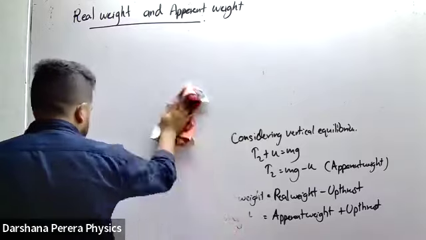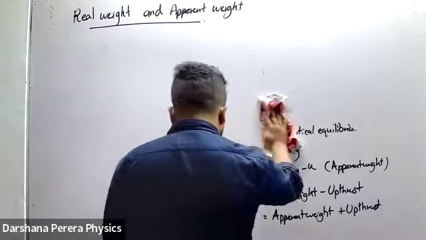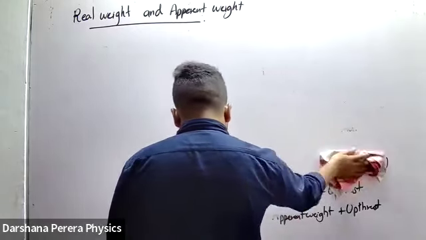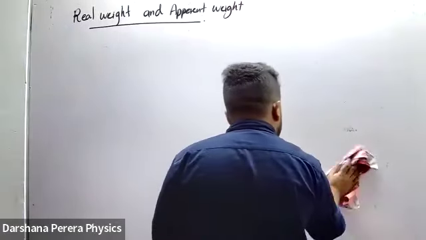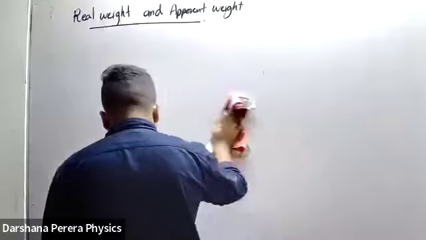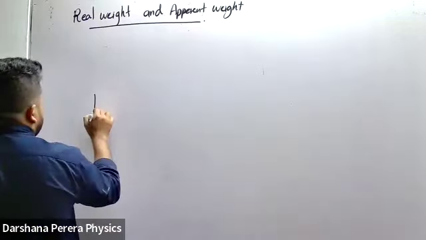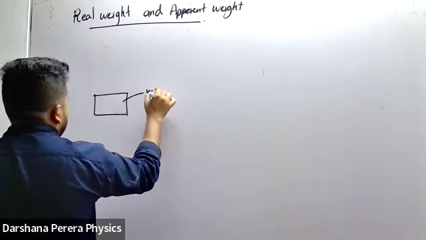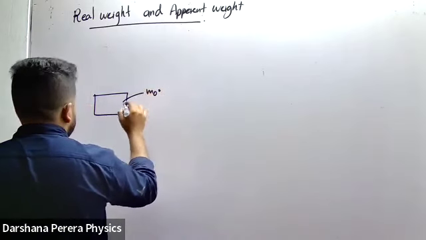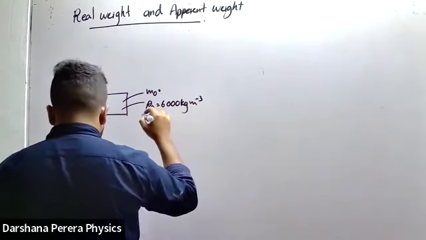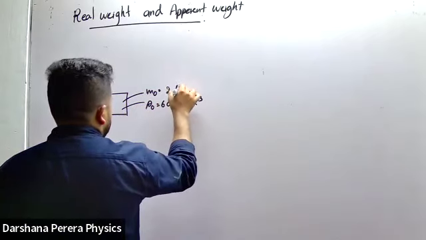An object is hung using a string and connected to the spring scale, which has density 6000 kg per cubic meter and mass 2.4 kilogram.